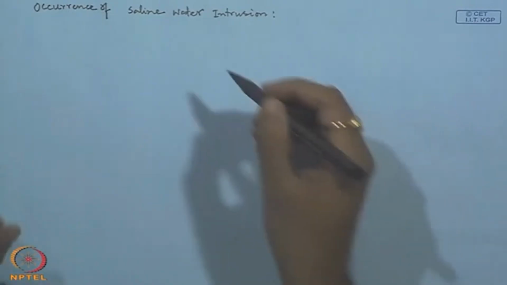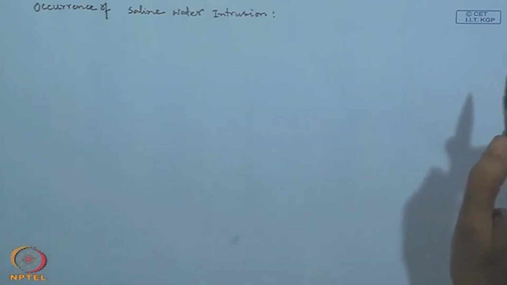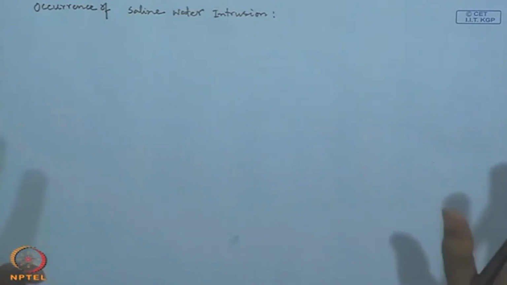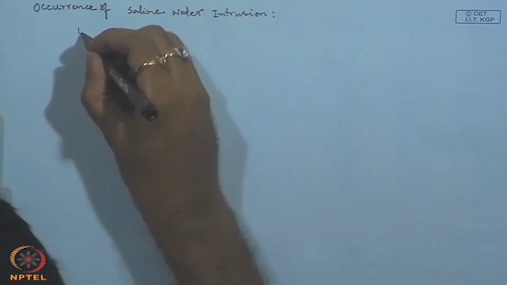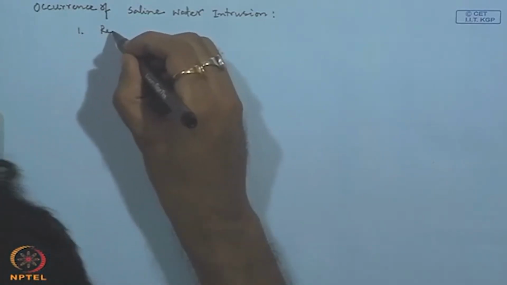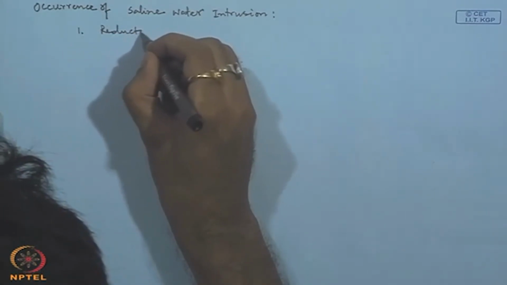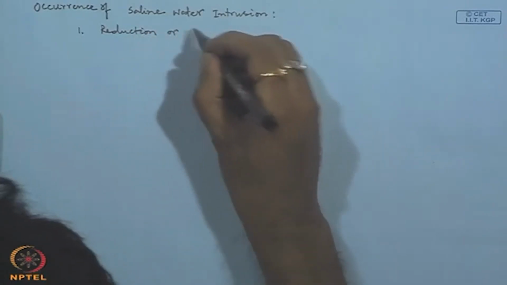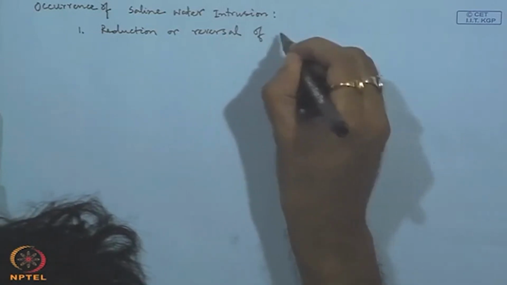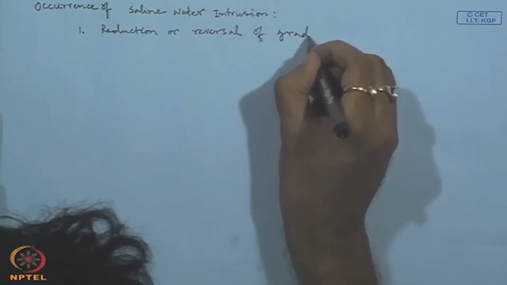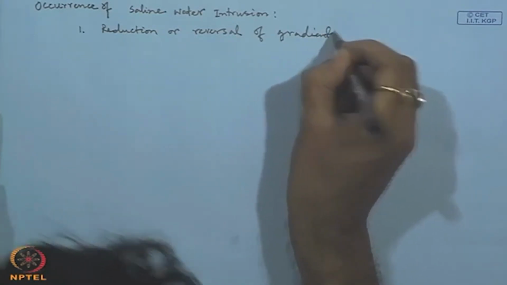There are three mechanisms which are responsible for occurrence of saline water intrusion. First one is reduction or reversal of gradient.